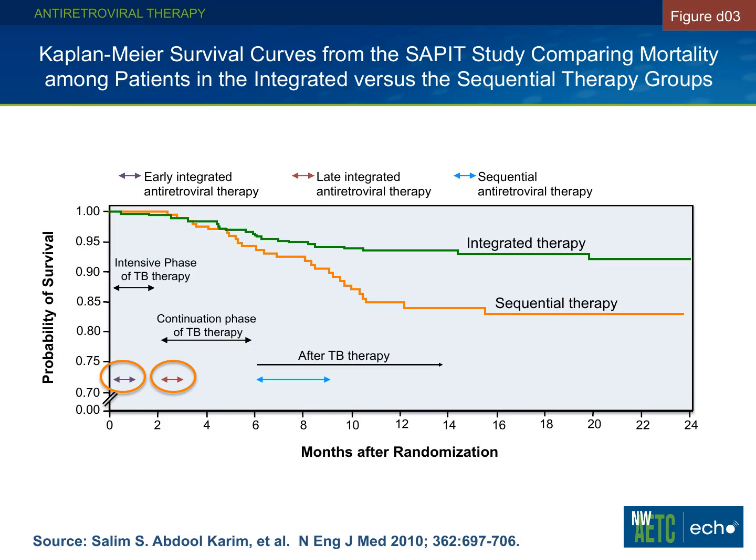In a subsequent publication, the investigators did just that. They compared how well patients fared who started therapy essentially immediately or within 4 weeks of starting TB therapy with those who deferred their antiretroviral therapy until after the first 2 months of TB therapy.